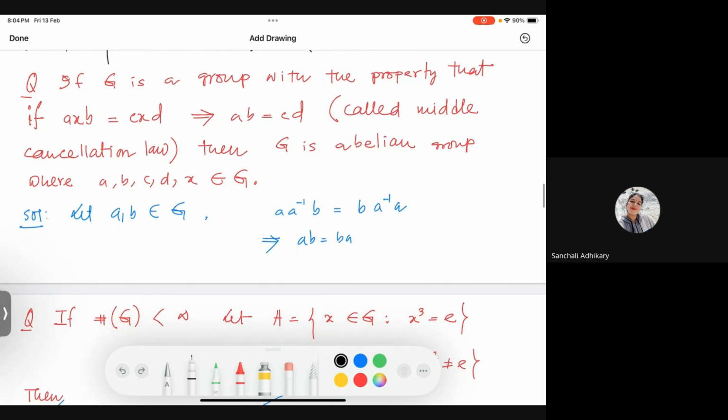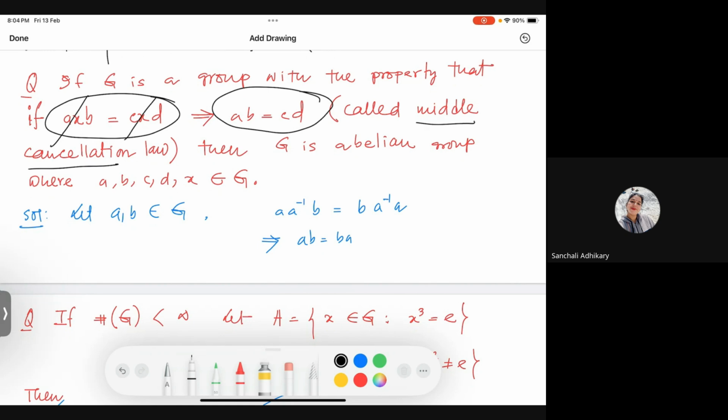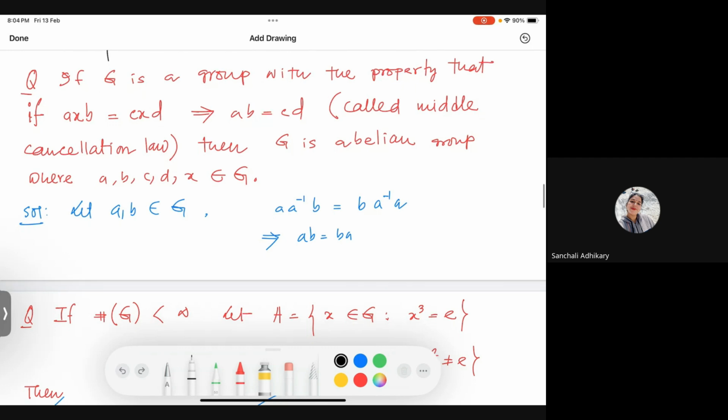Now observe this. Given AXB is equal to CXD, it will imply AB is equal to CD. It means the X is cancelled. So this is called the middle cancellation law. If the middle cancellation law holds, then the group is abelian. How?